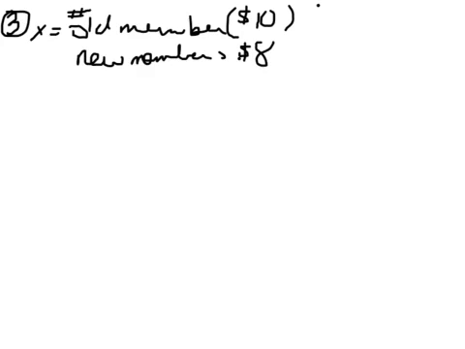So if you've got X of them working, the club's going to make $10 times X. And let's let Y be the new members. They're not getting paid per hour, they're just getting paid a flat fee to go out and work. It would be $8 times the number of new members.